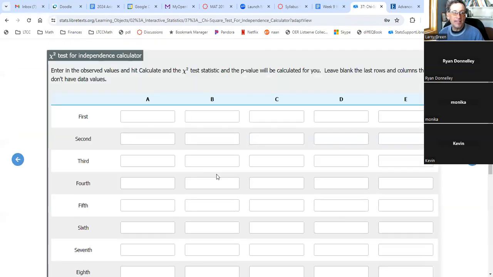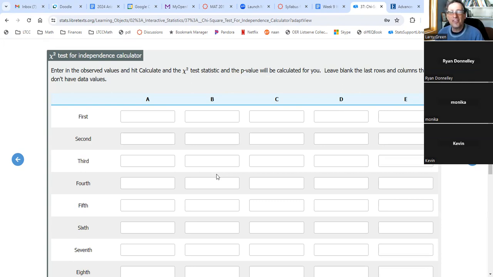And then it says, enter the observed values, hit calculate, and the chi-squared test statistic and the p-value would be calculated for you. Leave blank the last rows and columns that don't have data values. I want to let you know a really nice bit of mathematics that makes life a lot easier for you.